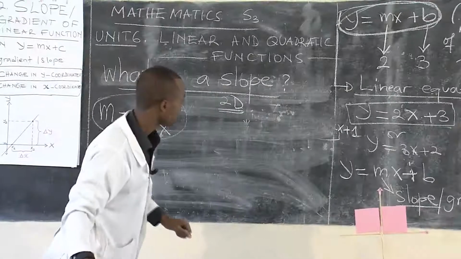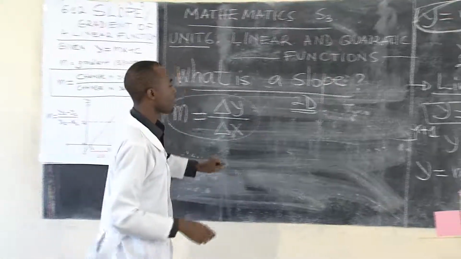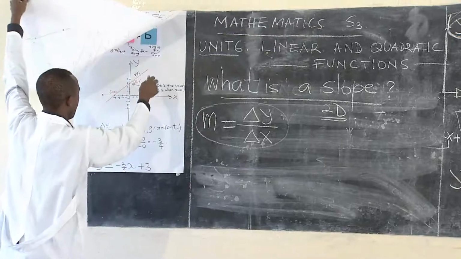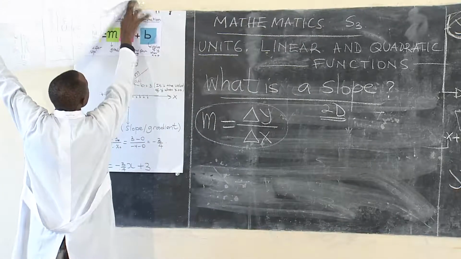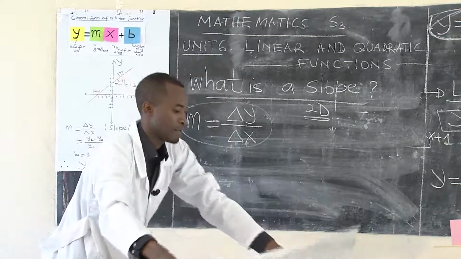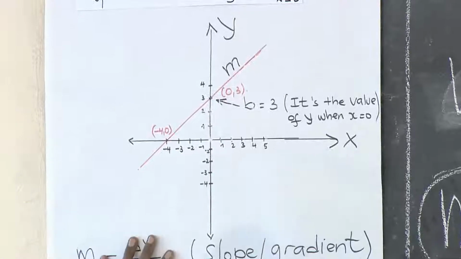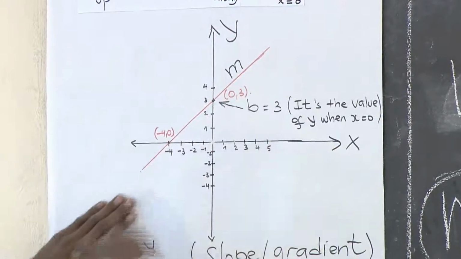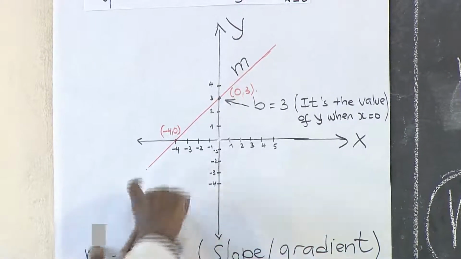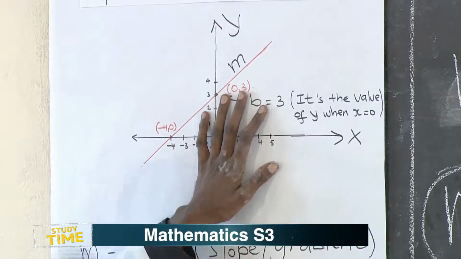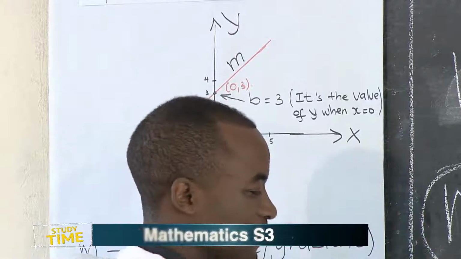Now, for example, if you go back again and look at this example, we have now a line. And the point here, if you've sketched a line, it has passed through 2 points. Remember this.